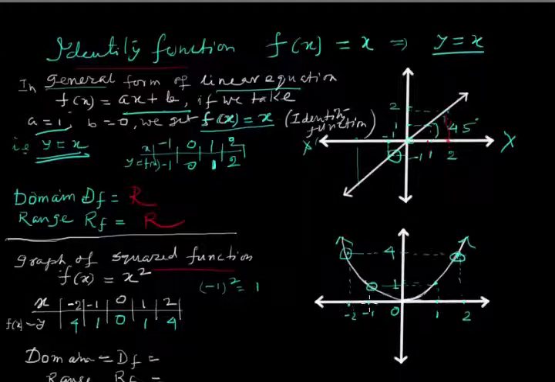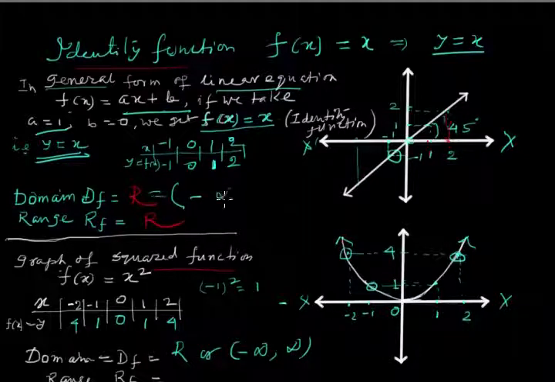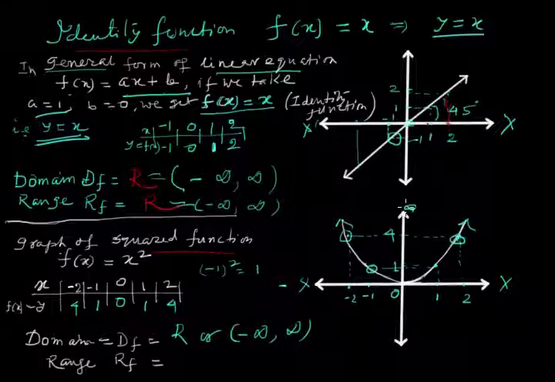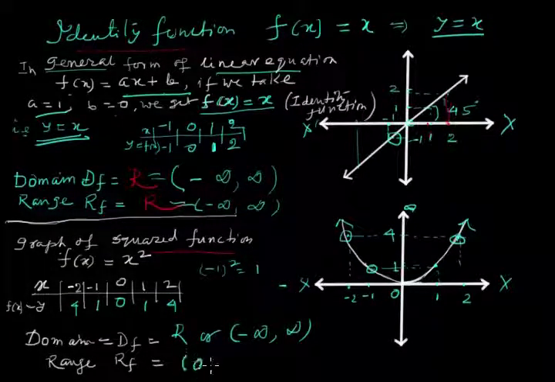So the domain is all real numbers, from -infinity to +infinity, so it is R. And the range is from 0 to infinity. The values of y are only positive; for negative values of y, there is no point on the graph. So we can write 0 to infinity.